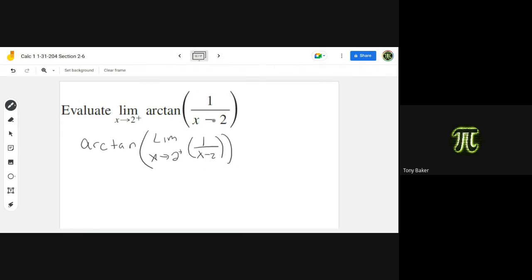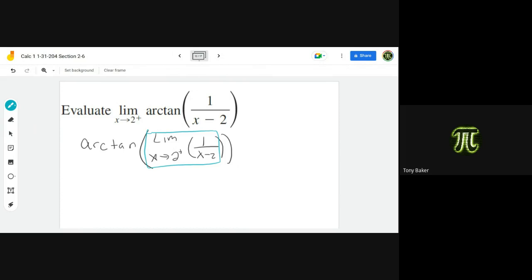So what's that doing? I can't just plug in 2, right? Because it'll be 1 over 0. So what's happening as x approaches 2? The number that I'm plugging in is getting closer and closer to 2 on the positive side. So 2.1, 2.01, and so on.